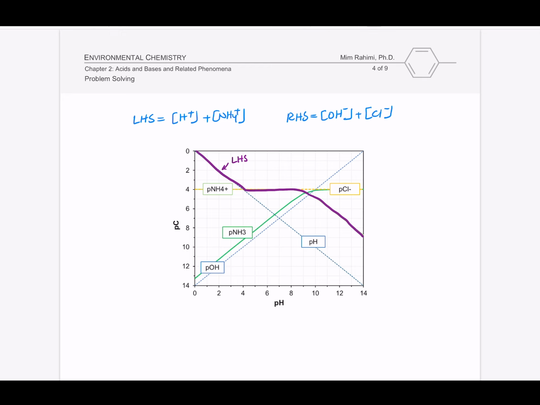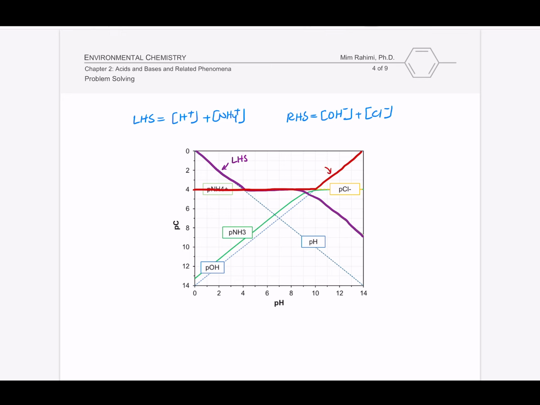Then for the right-hand side, we're basically dealing with OH minus and Cl. So this would be the Cl line and this would be the OH minus. So the curve would be relatively easy. We'll start from here, and then from here, the OH minus is bigger.